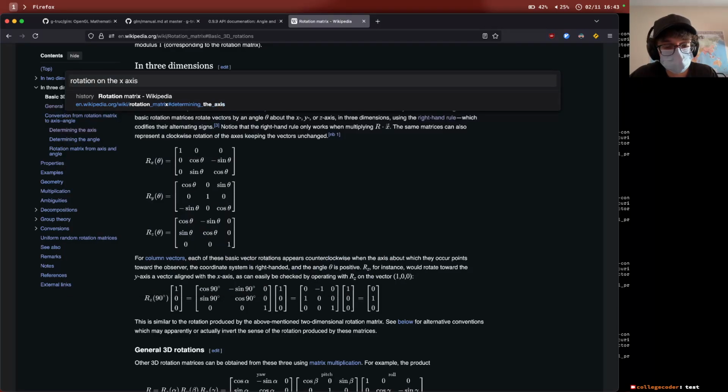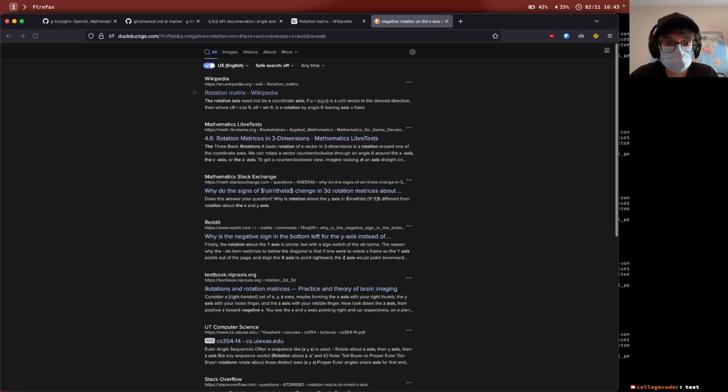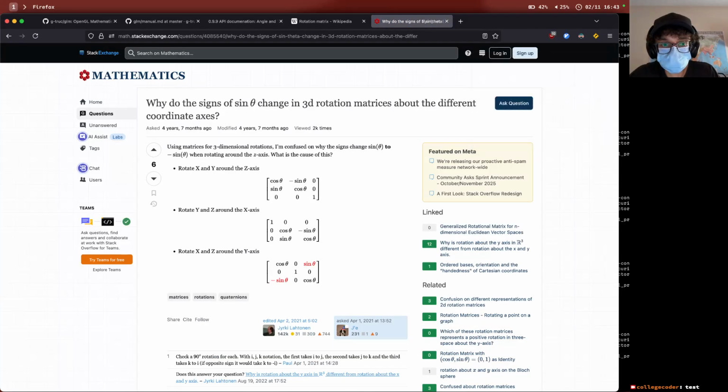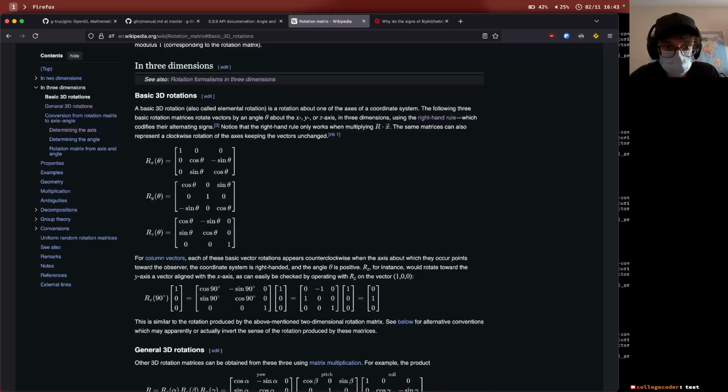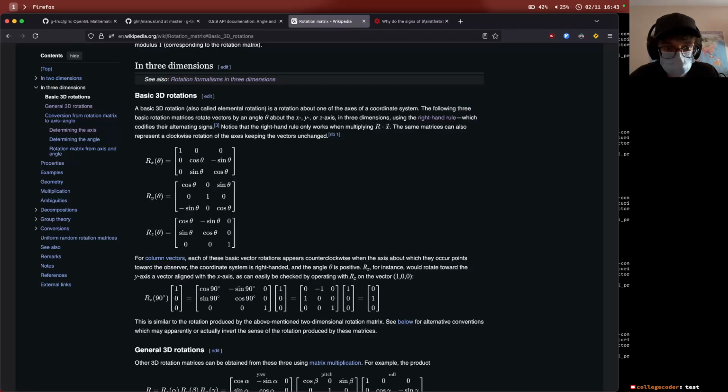Rotation on the x-axis. No, negative rotation on the x-axis reverses the z-axis. So what does it say? Rotate x and y around the z-axis. Rotate y and z, and rotate x and z around the x-axis.